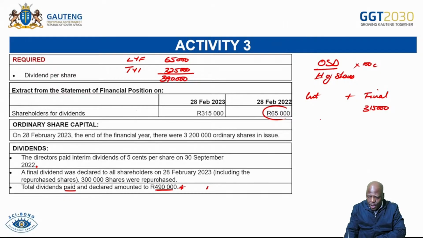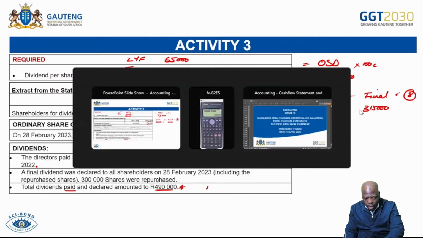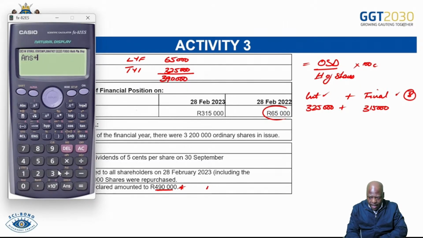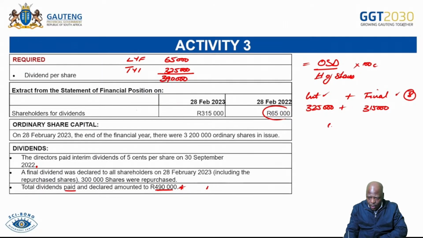And then you would say the final dividends plus the 325,000 here. If you add that, that is what gives you your ordinary share dividends, interim for the year and final dividends for the year, the ones that appear in note number 8. So 325 plus 315 gives you 640,000 there. And then you divide it by the number of shares, which they say on 28 was 3.2 million.